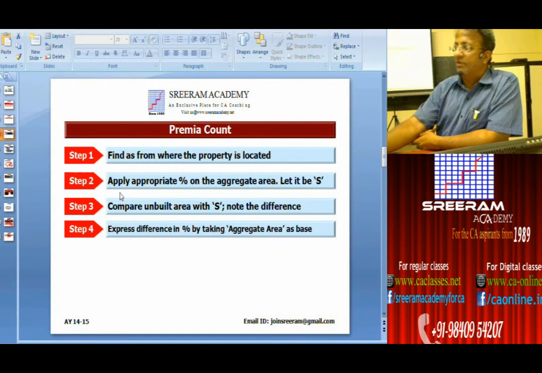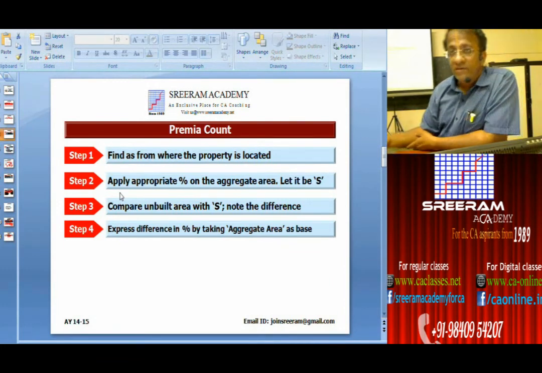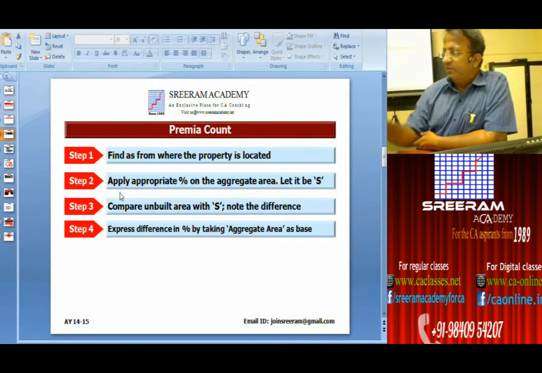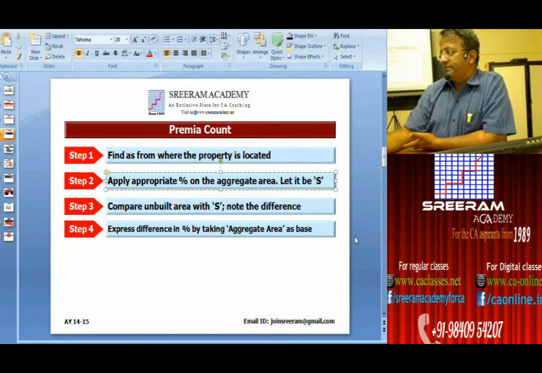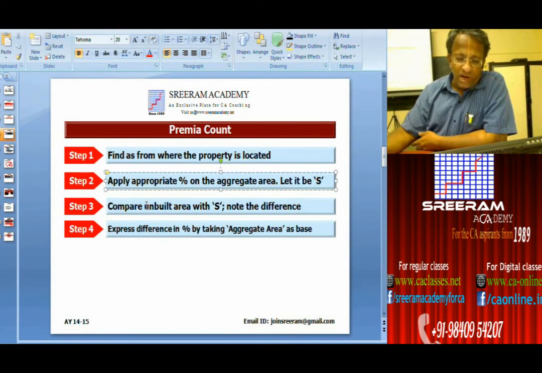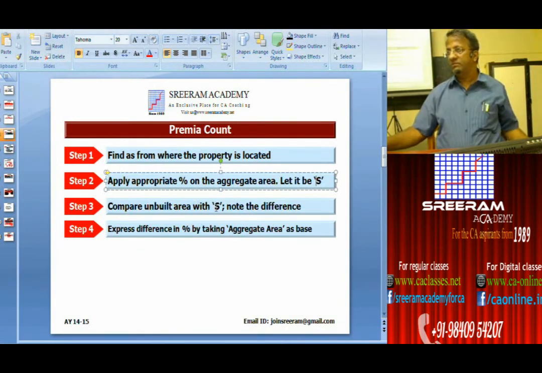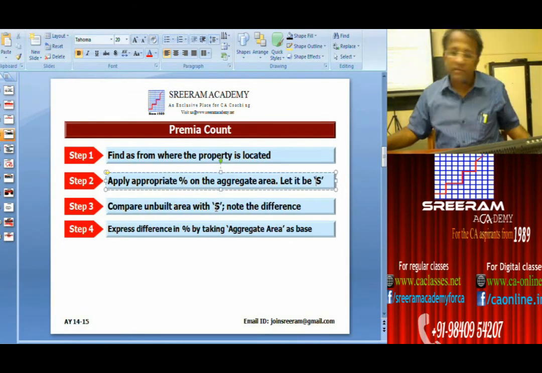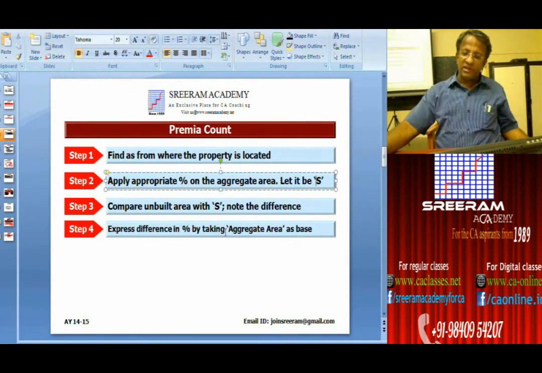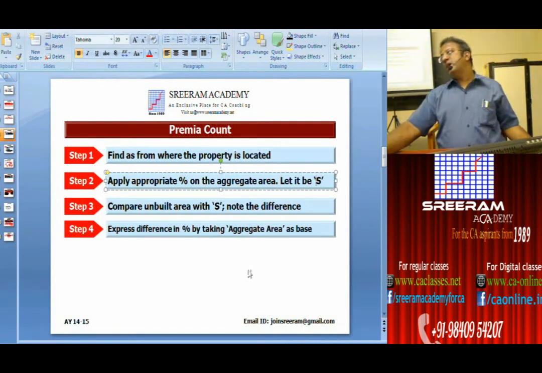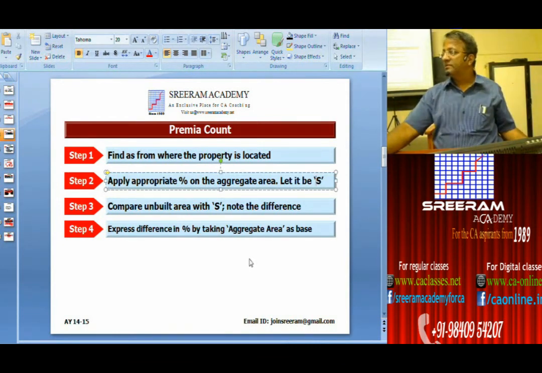Of course I am just covering it up, 60, 65 and 70. So let us apply that and let it be yes. Then compare unbuilt area with yes and note the difference. Correct. Then express the difference in percentage by taking aggregate area as base.